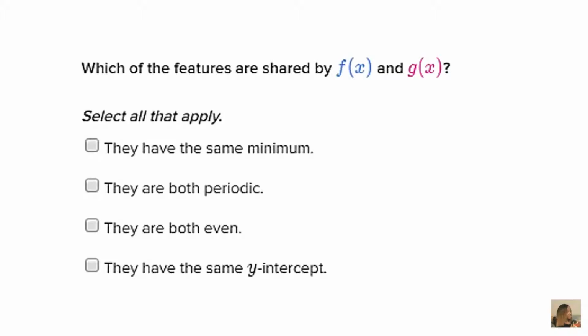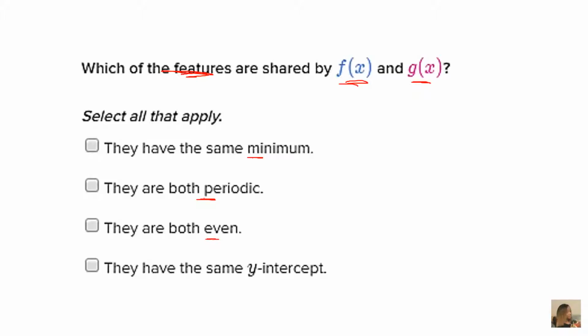The question of interest is which of the features named below are shared by both f of x and g of x. Select all that apply. They have the same minimum. They are both periodic, meaning they have a pattern, a repetitiveness.